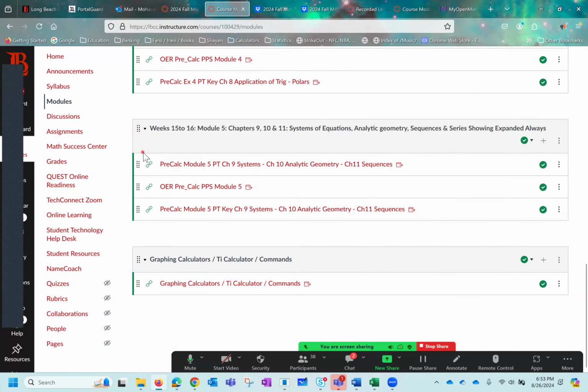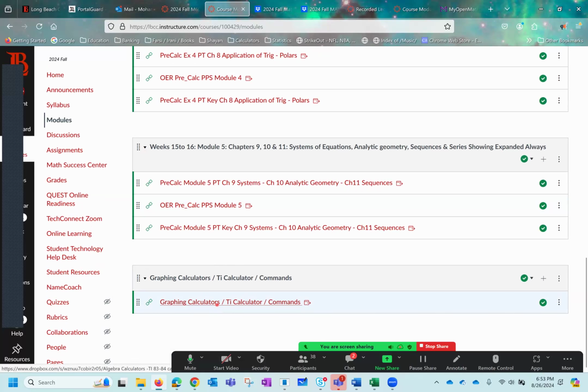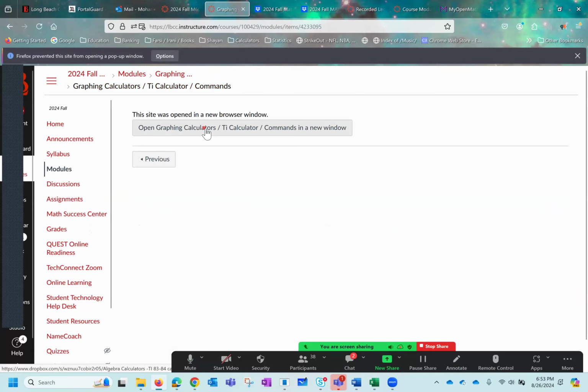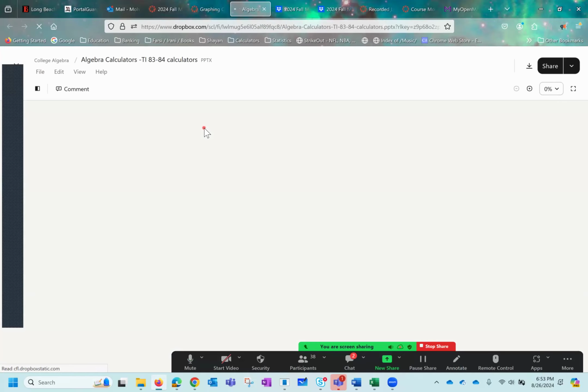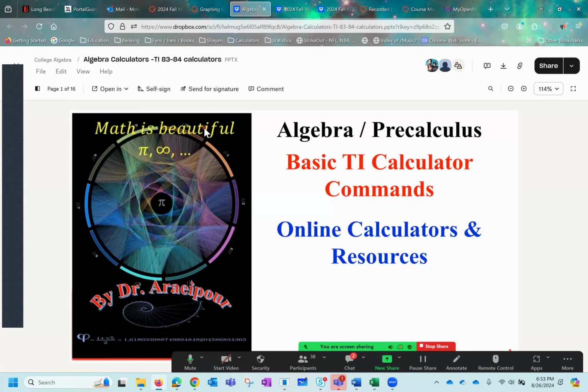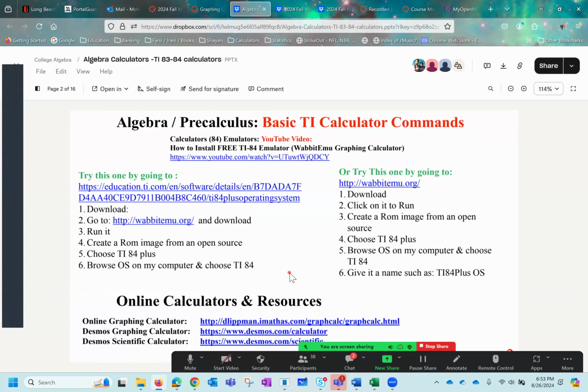So starting with the bottom, it takes us to the information about the TI calculator. It has the commands.